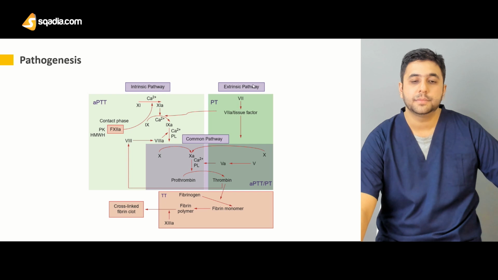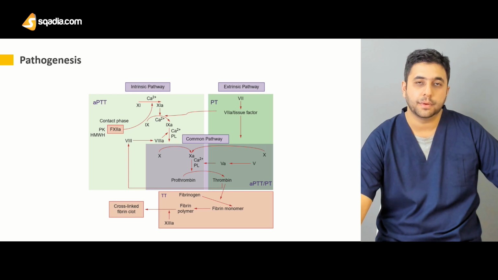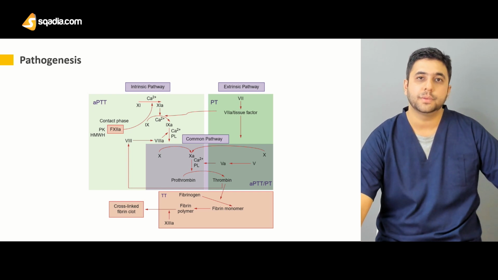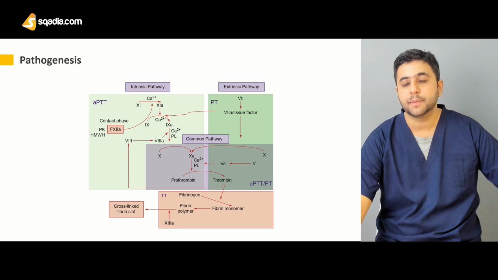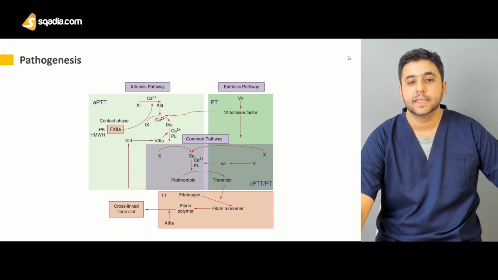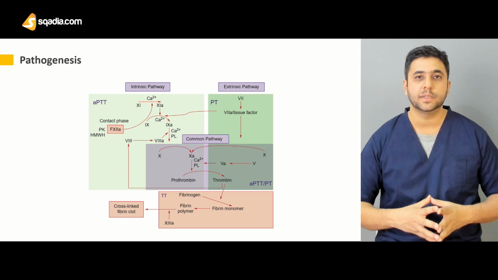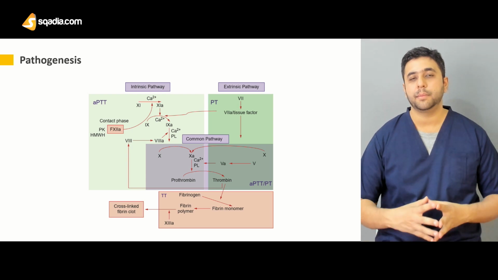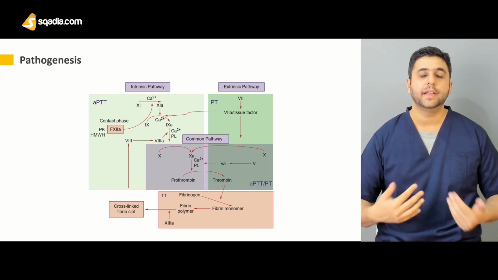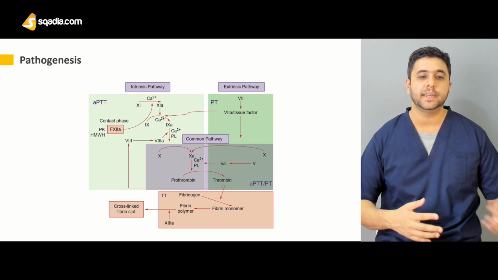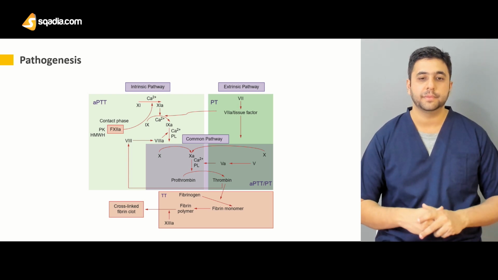We name this the extrinsic pathway because it is activated by factors outside of the blood vessel, extrinsic to the blood vessel, like various types of tissue factors. The intrinsic pathway is stimulated by various factors inside the vessel, like the endothelium producing high molecular weight kininogens and certain other cytokines.